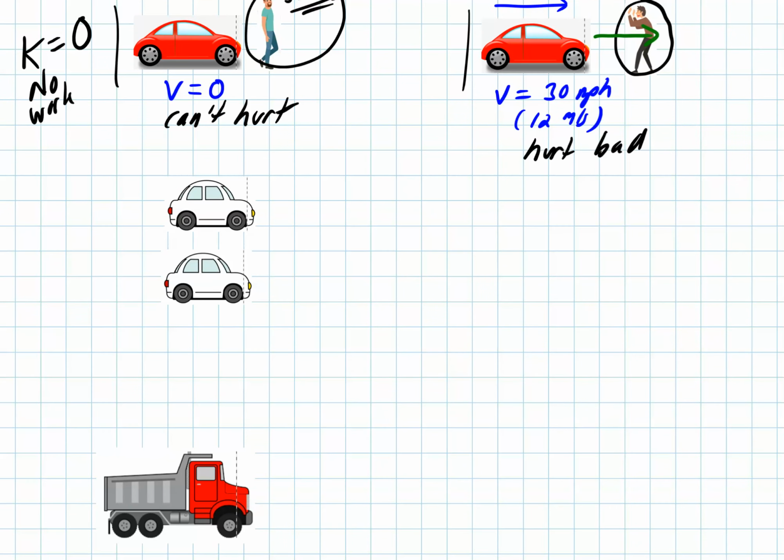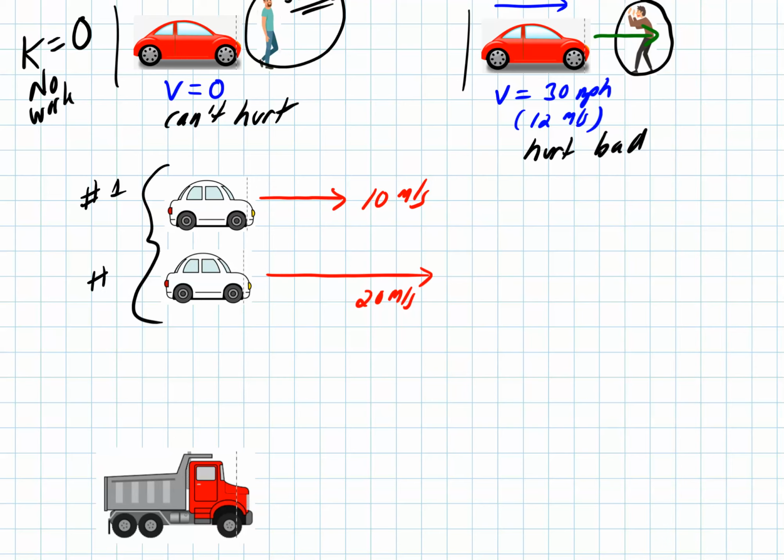Here we have two identical cars, and let's suppose that this one is moving at 10 meters per second, and the same exact kind of car, this one is moving at 20 meters per second. I'm just going to call this one number 1 and this one number 2.